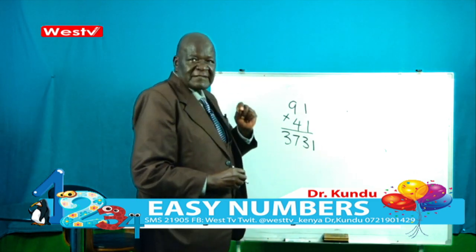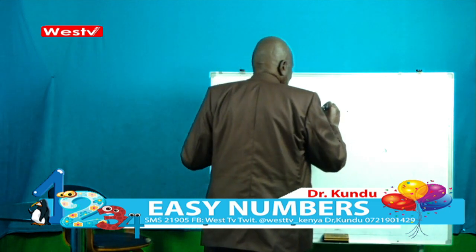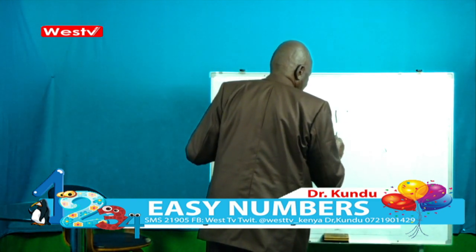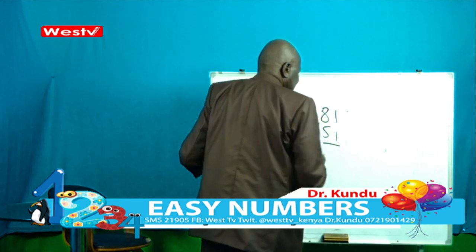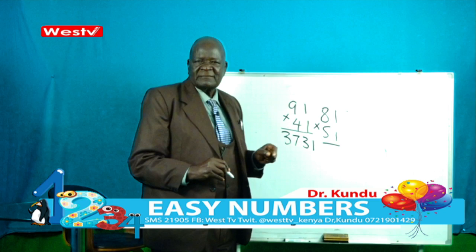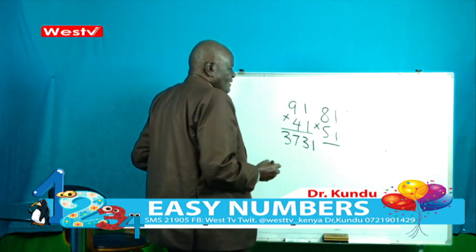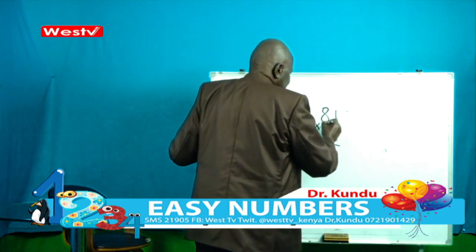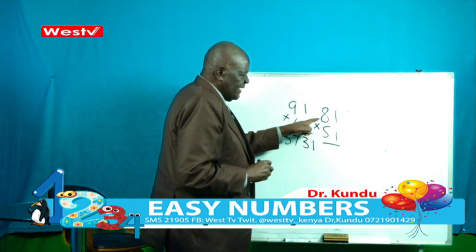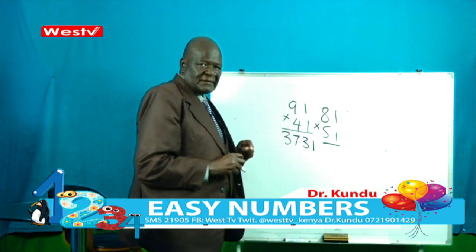Let me repeat that example again. 81 multiplied by 51. I should see my answer as 4131. How do you see that? When you multiply 8 times 5, it is 40. But on checking the addition, 8 plus 5 is 13.